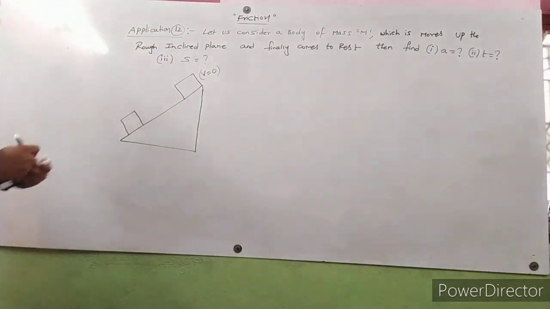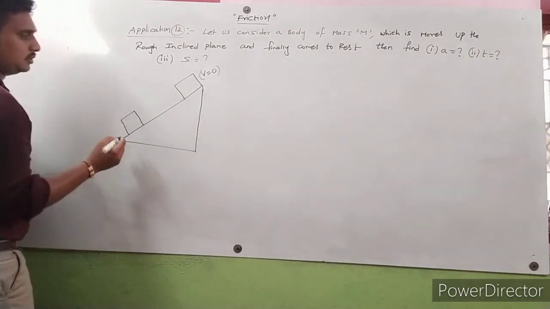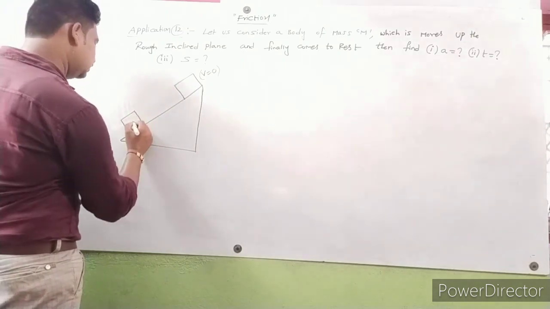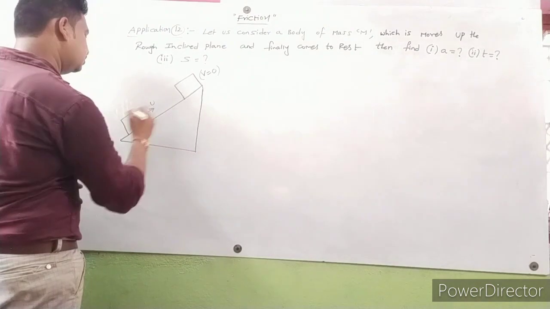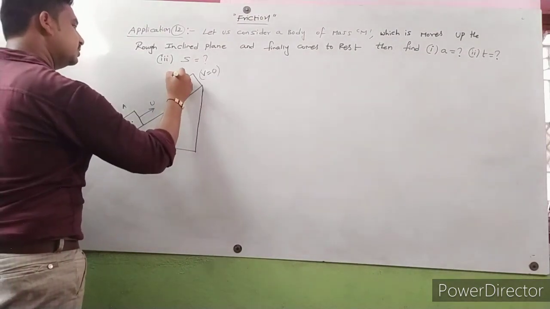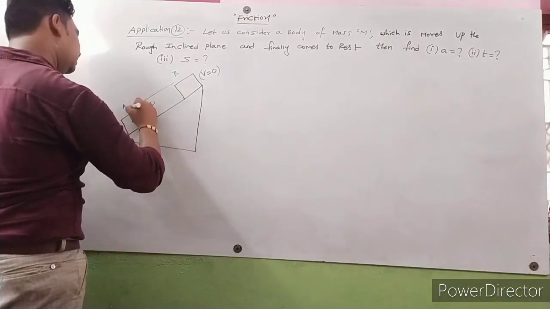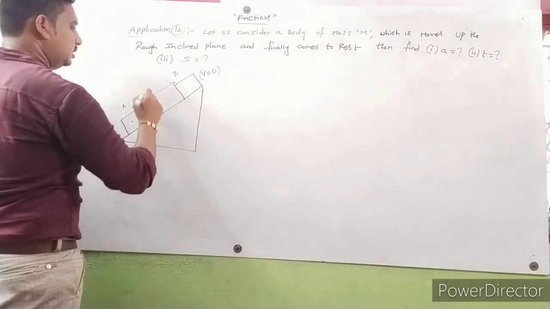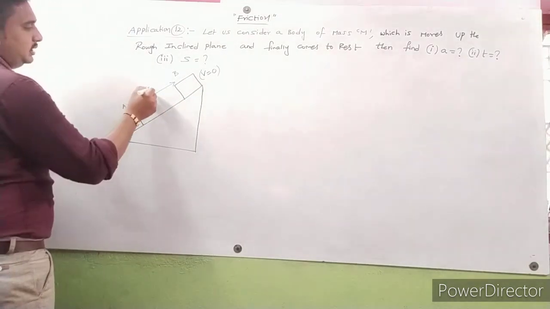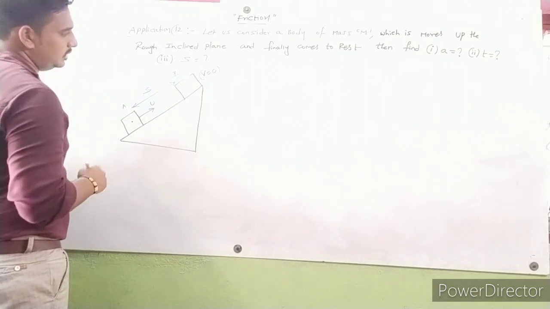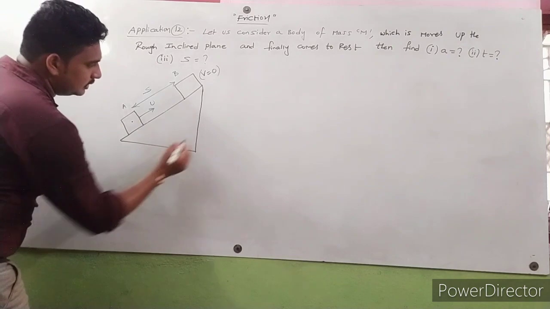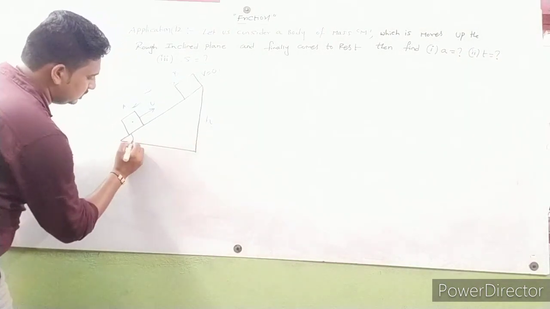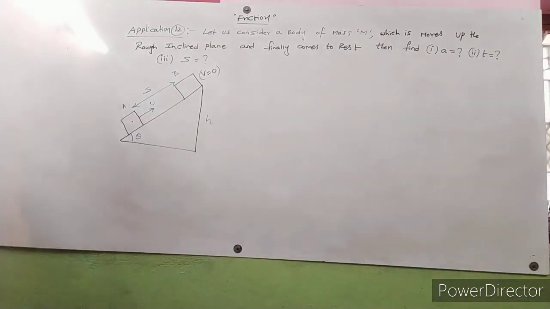It is moving with initial velocity u. This is position A, this is position B. The distance between these blocks is S, the distance covered by the block is S. This is H. Here the angle is theta.